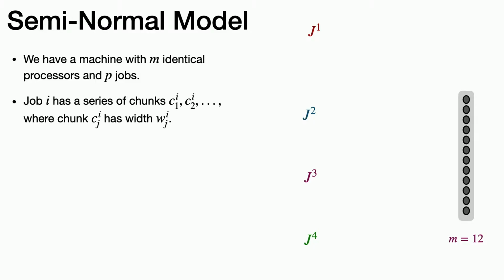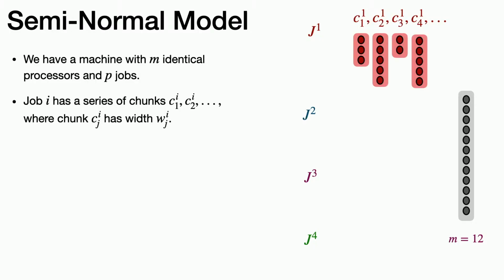And what does a job look like? And this is the semi-normal model jobs. A job is a series of chunks, okay? So the first job has chunk 1, chunk 2, chunk 3, chunk 4. And these chunks have sizes. So the first chunk of job 1 is 3, the second chunk is 5, the third chunk is 2, the next chunk is 5, and so on.